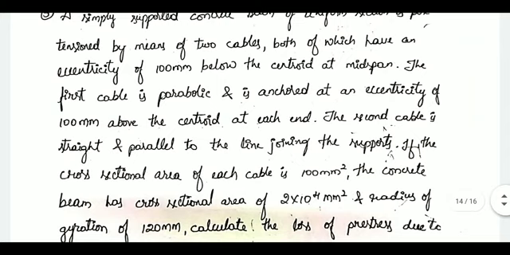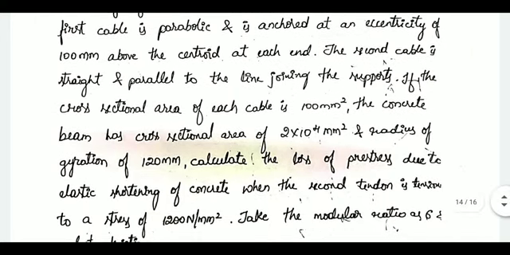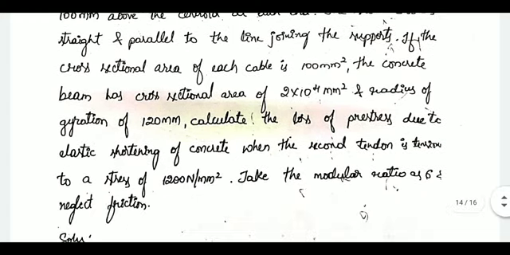If the cross-section area of each cable is 100 mm square, the concrete beam has a cross-sectional area of 2 into 10 power 4 mm square and radius of gyration of 120 mm. Calculate the loss of prestress due to elastic shortening of concrete when the second tendon is tensioned to a stress of 1200 Newton per mm square. Take the modular ratio as 6 and neglect friction.